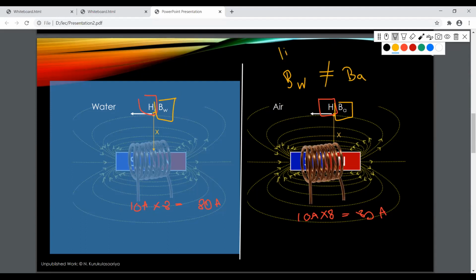But if I name these magnetic field intensities as HW and HA, HW is equal to HA. So what you should understand here is that both magnetic flux density and magnetic field intensity are defined for a point in the space which is residing in a magnetic field, right?